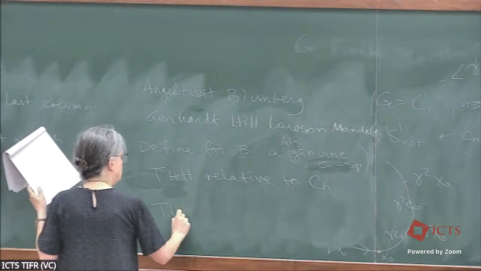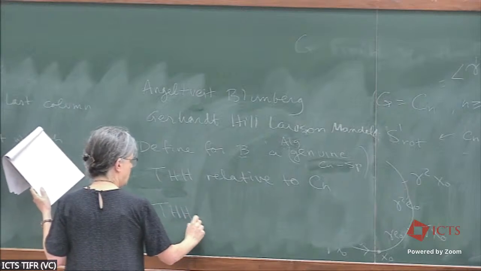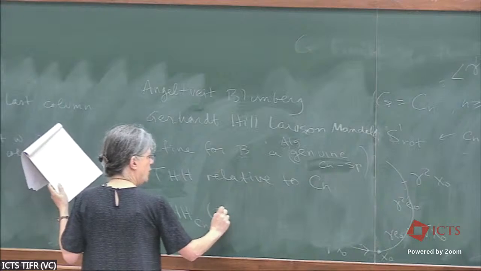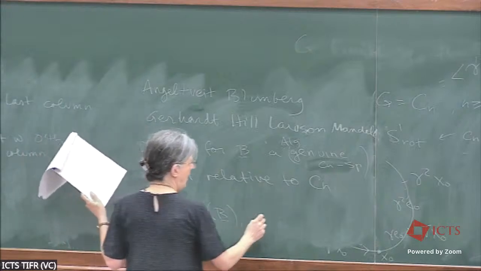So they look at something called THH_{C_n} of B.